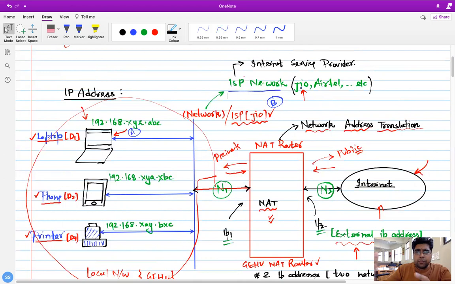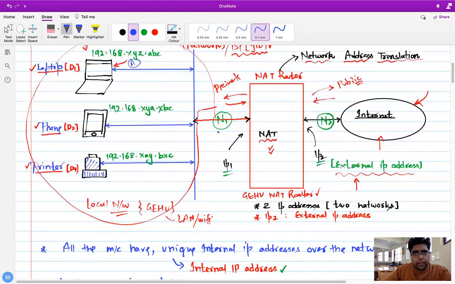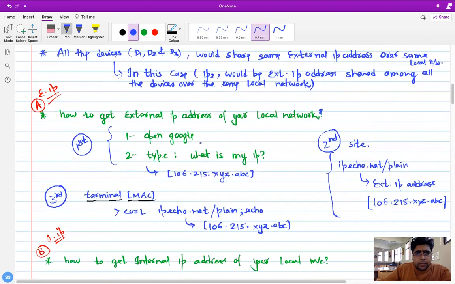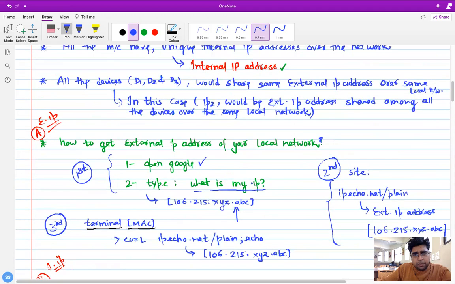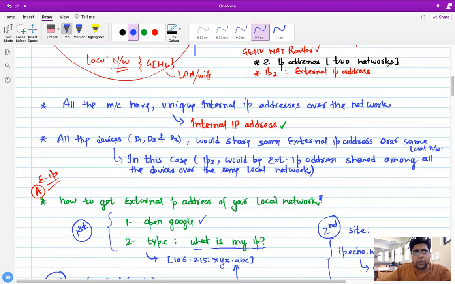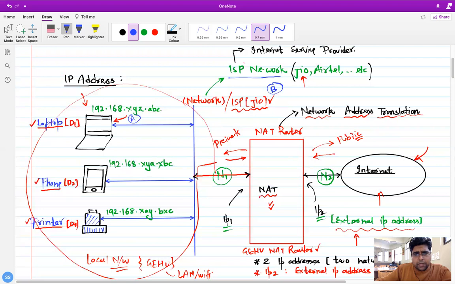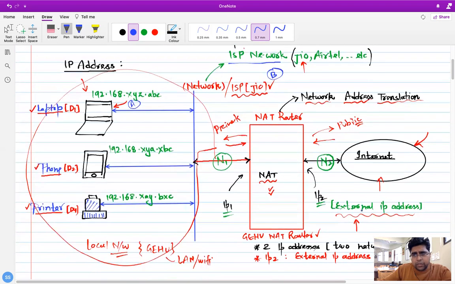Whatsoever the router of Jio is nearest to you, or the NAT router nearest to you, that public address would be of that particular NAT router, okay? So you can open Google, okay, and you simply write, what is my IP? So it would return the IP of your ISP, because you have the internet. So it will find your ISP IP address, or this IP2 external IP address.